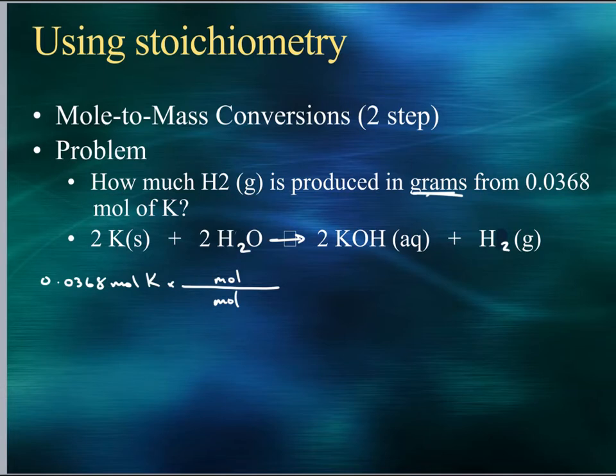That goes on the bottom, moles of K. And across the top is what we're looking for, H2. Those ratios come from the balanced equation up here: we have a 1 in front of H2, since there's nothing in front of H2, and a 2 in front of K. So my ratio is 1 over 2. That finishes up step 3.